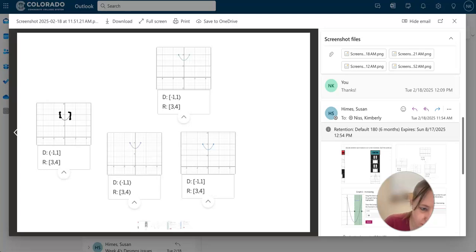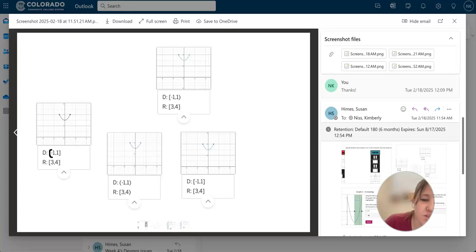And so that you can see is from -1 to +1. Now the other thing to notice is that this left circle is an open circle, which means that point is not included, which is represented with a parenthesis. But this other point on the right is a filled in circle, so that's represented using a bracket. And so that's why the domain is -1 to +1, parenthesis and bracket.